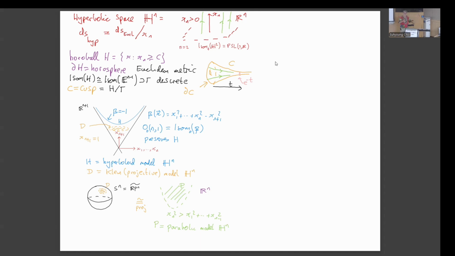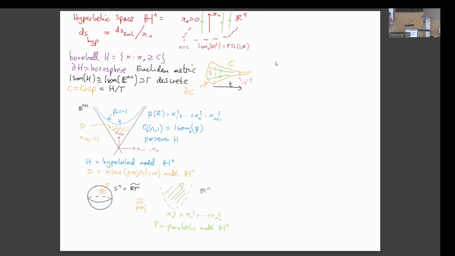It's, if you like, a ball of infinite radius. If I take a point on the x_n axis and move it upwards and increase the radius at the right rate, then what I end up with as a horoball is the set of points whose nth coordinate is bigger than or equal to some positive constant c. So take a horizontal hyperplane, all the points above it would be a horoball.